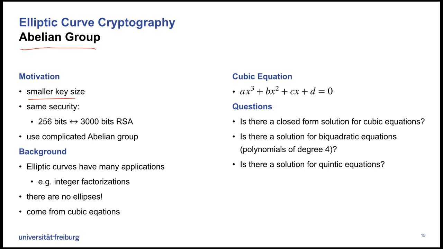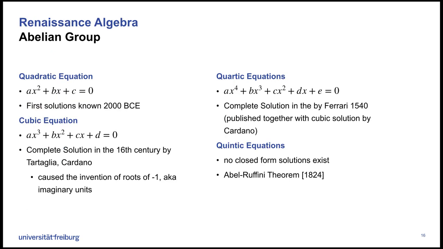But if you look from a historic point of view, this discussion about these kinds of polynomials goes back a long time. It started with quadratic equations and cubic equations, whose solution we completely understood only until the 16th century, which was the era of the Renaissance.